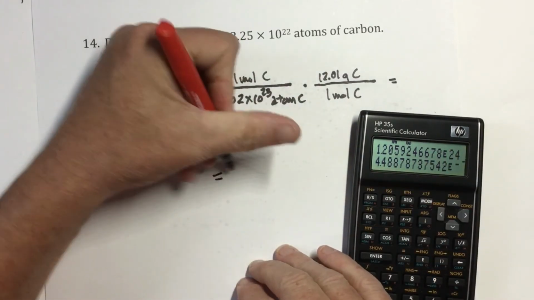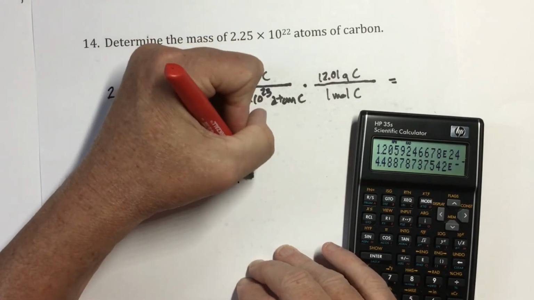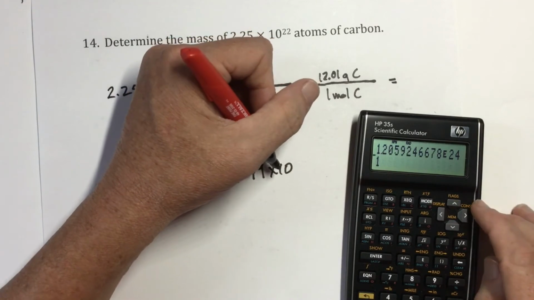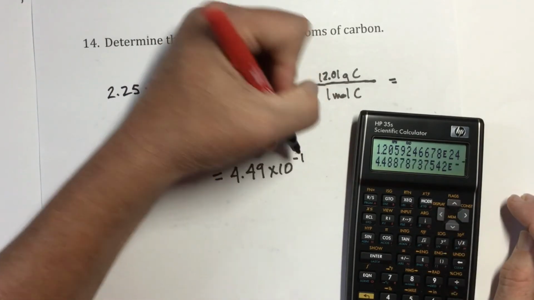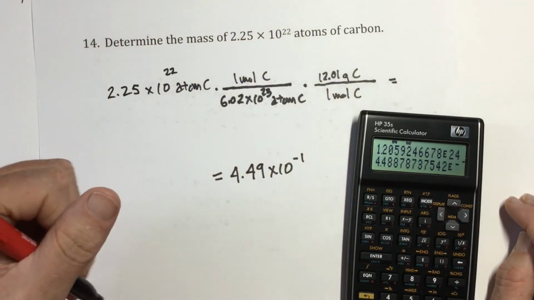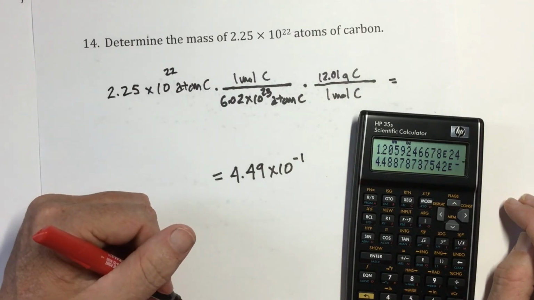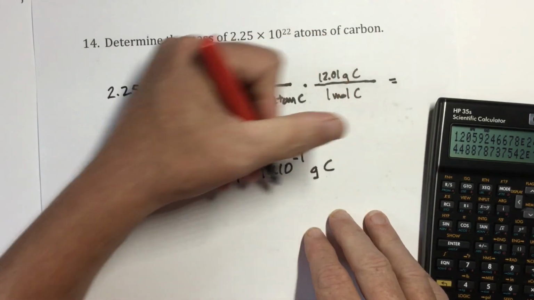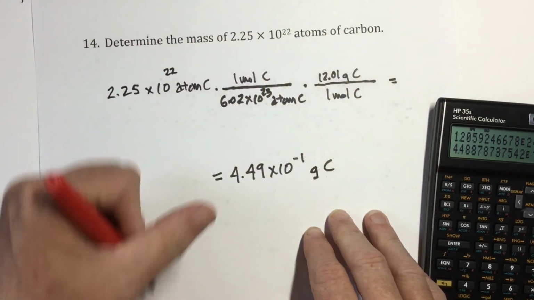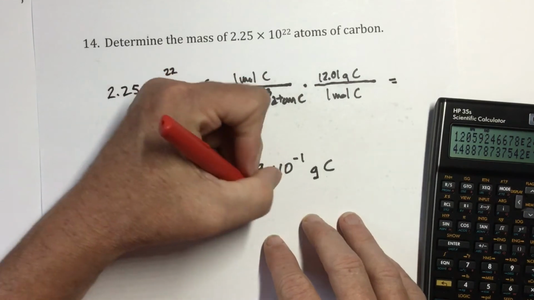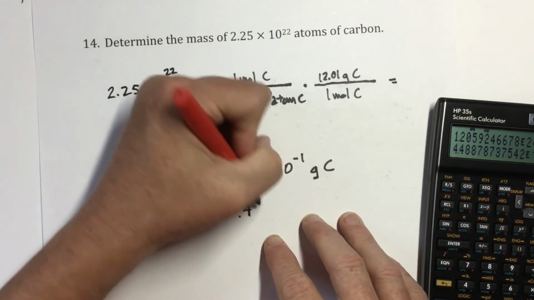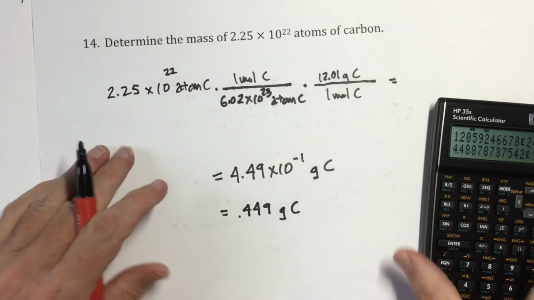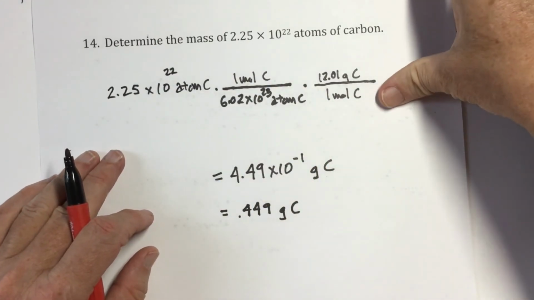So my answer will be 4.49 times 10 to the minus 1. Oh, that seems like a low number. Grams of carbon, or 0.449 grams carbon. I guess, half a gram of carbon. That's not too bad. All right.